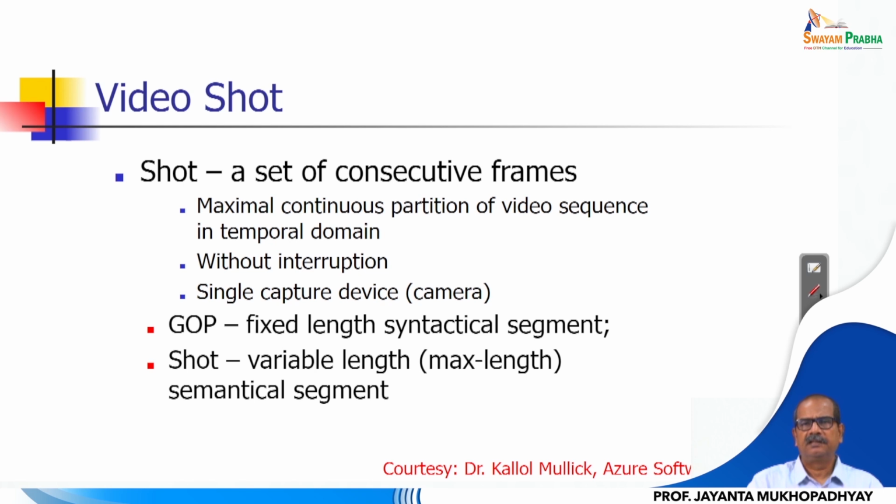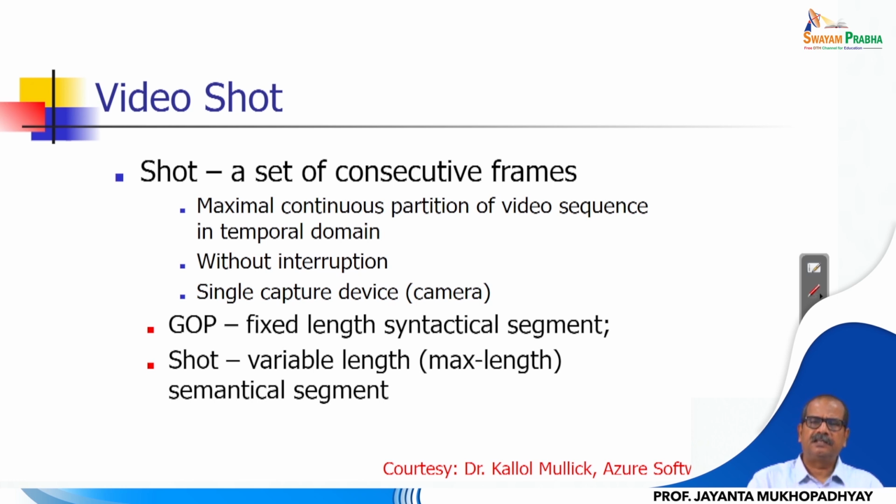That means there is a specific view and specific camera on which the video has been captured. So it is depicting some kind of event or some kind of phenomena in the scene, and it is related to that.